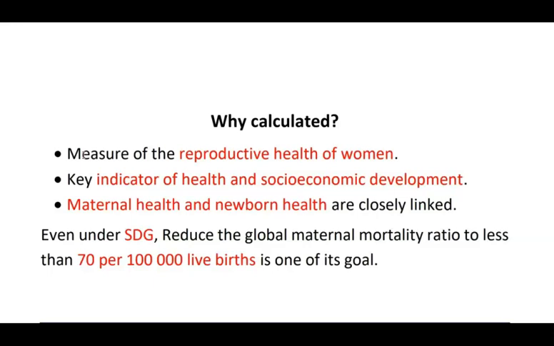How they are linked, we'll discuss later. Also, under the Sustainable Development Goals, reducing the global maternal mortality ratio to less than 70 deaths per lakh is one of the goals. That means the importance is highlighted at the global level, not only at the national or policy level.